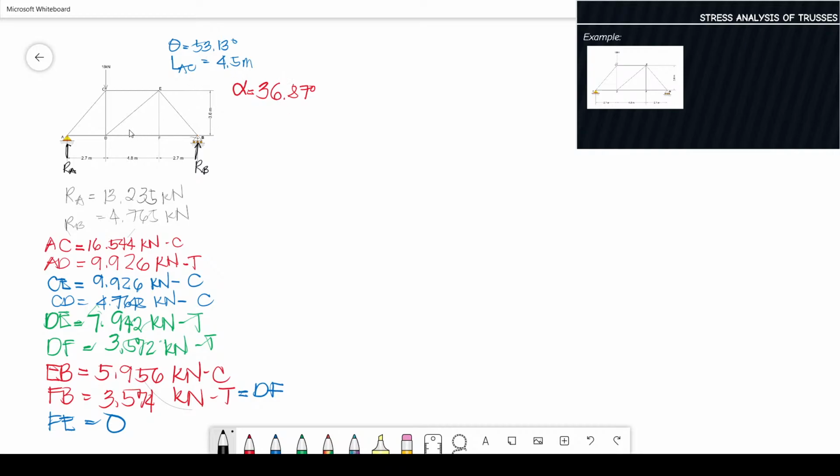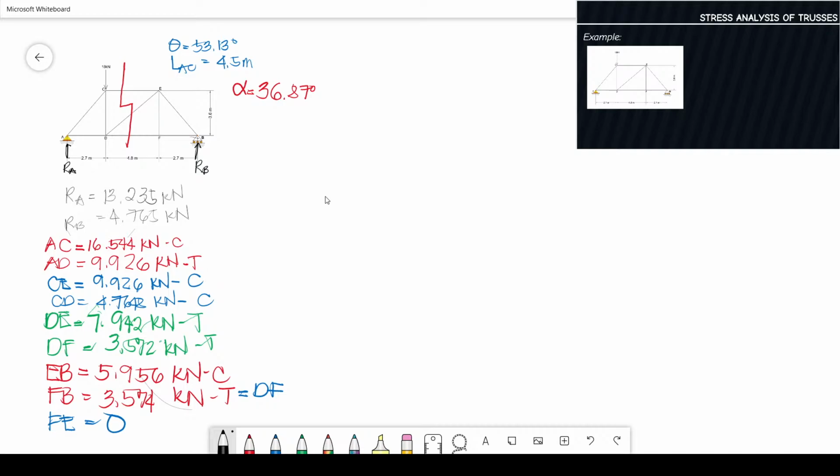So let's start first with our section. It's either the left or the right. Okay? I prefer the right section.